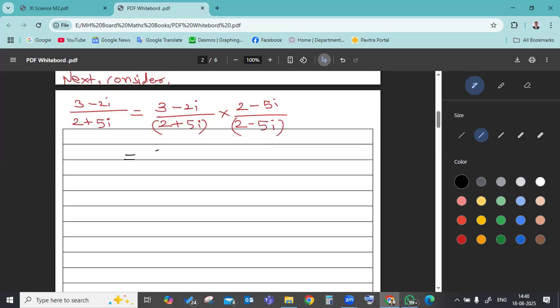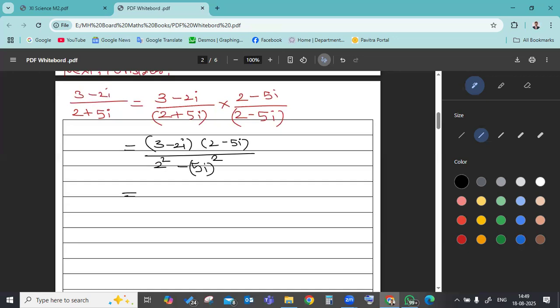Now we multiply the numerator: (3 minus 2i) into (2 minus 5i), divided by (2 plus 5i) into (2 minus 5i), which is 2 square minus (5i) square.